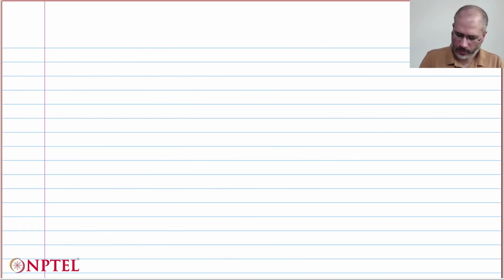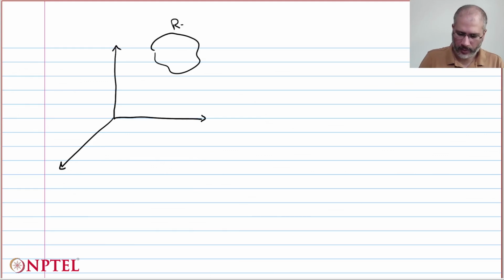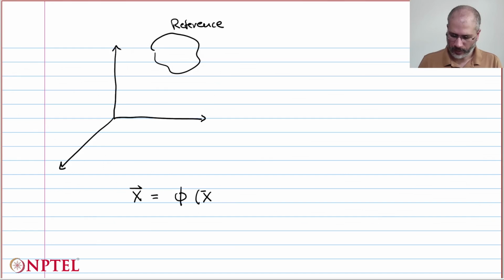So in the last lecture, we talked about the idea of a reference configuration. A reference configuration is a configuration that the body assumes at some time, or it can be a hypothetical configuration of the body, and we expressed this configuration as a function where we said that we can find the position coordinate of a given point using its ID like this.